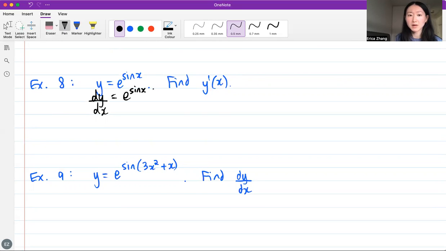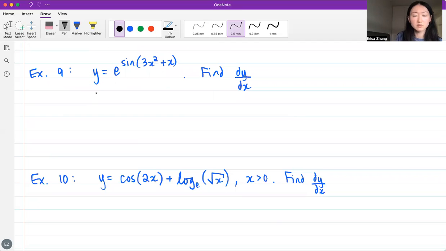And then multiply it by the derivative of that function, which is, so derivative of sine is cosine, right? So that's our answer. Cosine x times e to the power of sine x, or I'll just leave it like that. There's no point rearranging.